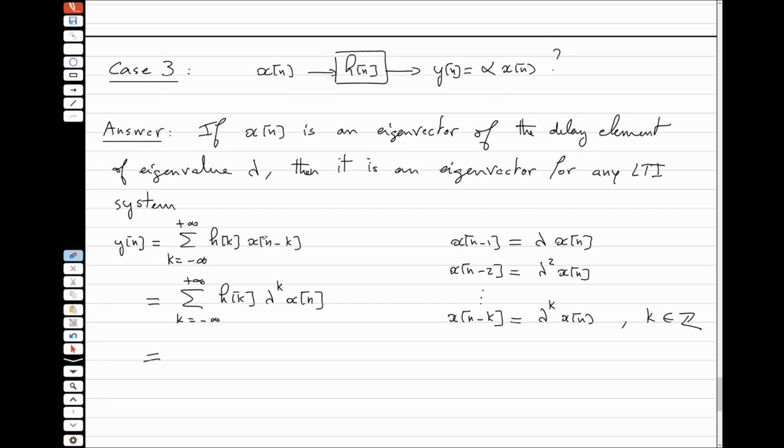However, the shift has been transformed into scaling. So x of n is no longer dependent on the shift. Is no longer dependent on k. So what do you do? You factor it out. You factor it out. And that is your eigenvalue.